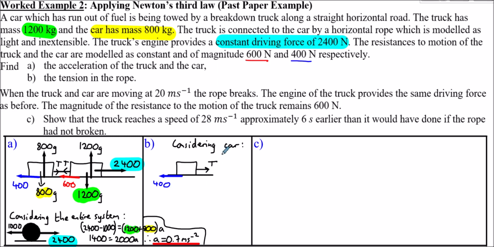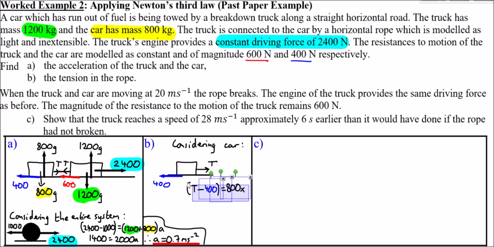So again, applying F equals ma, going to the right-hand side. The overall force going to the right is T minus that 400. And that'll equal the mass of the car, which is 800, multiplied by the acceleration of the system, which we now know is 0.7.